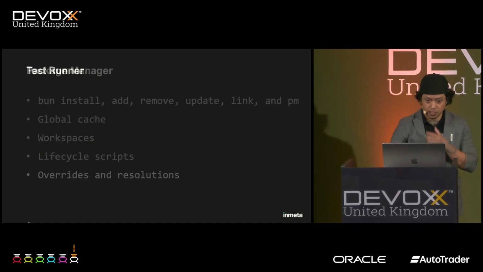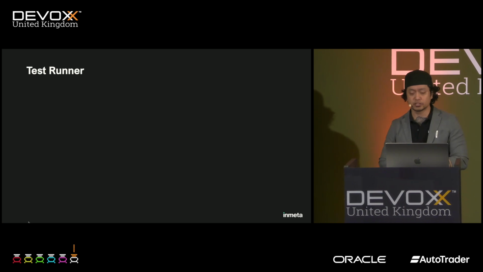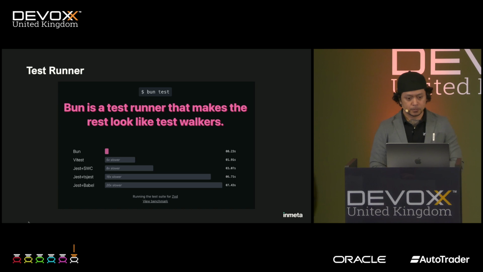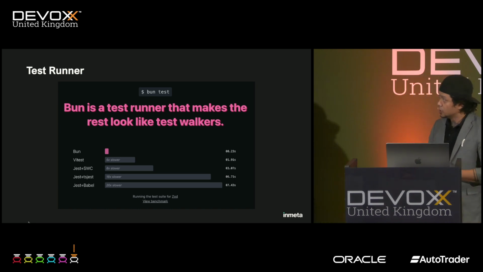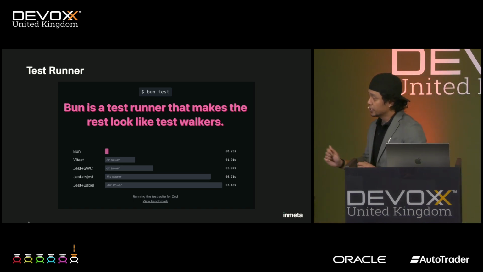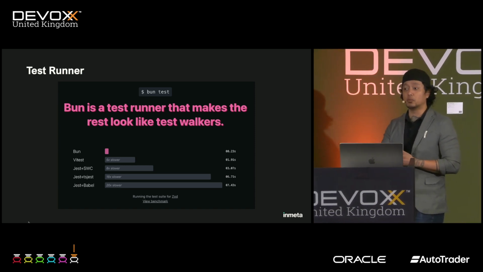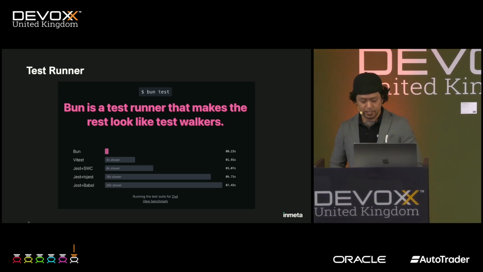So let's move to the test runner part of Bun. Here's another benchmark which the Bun core team has done, showing Bun is faster than the rest, Jest and Vitest. Again, let's do it on our side so we can see if that's true.